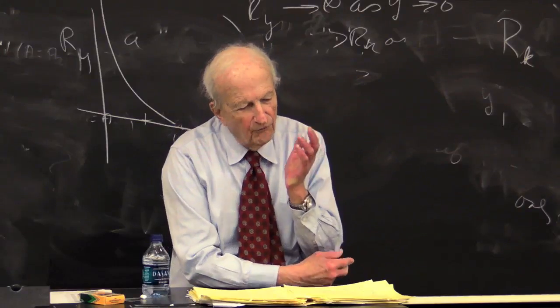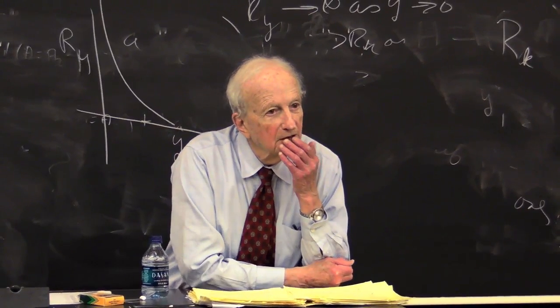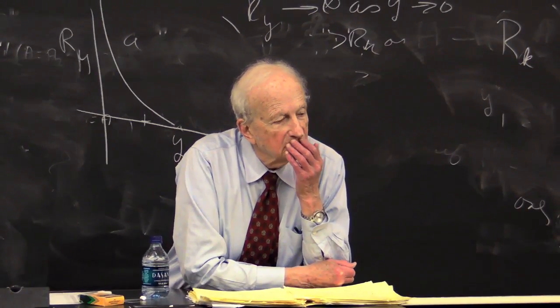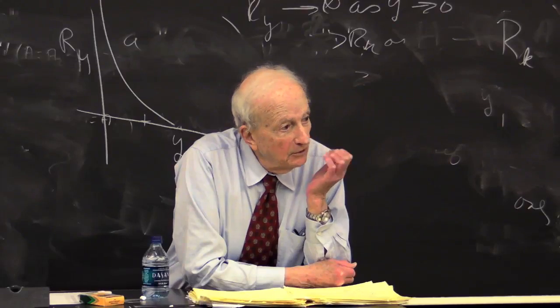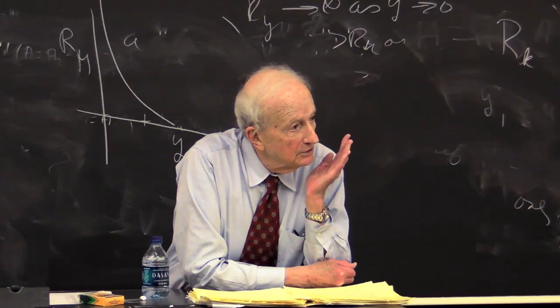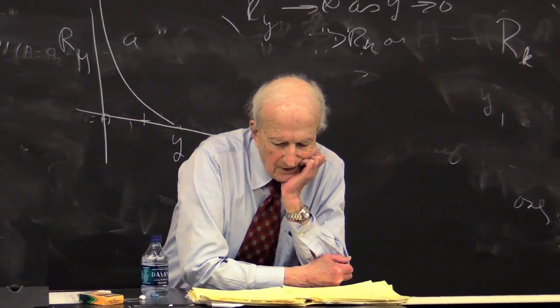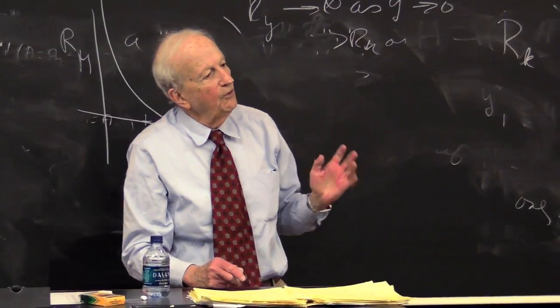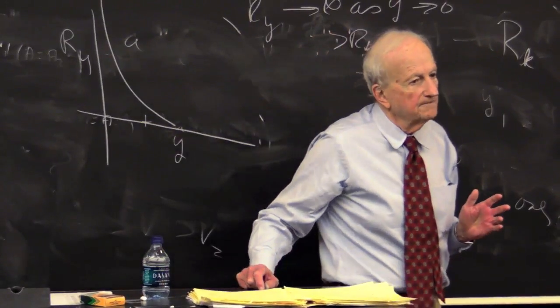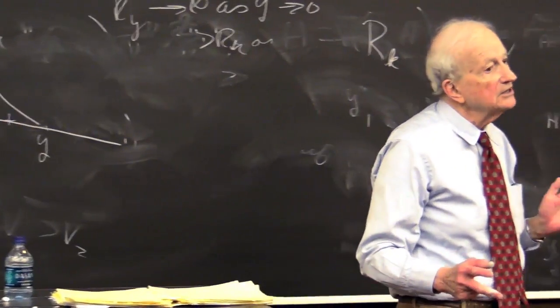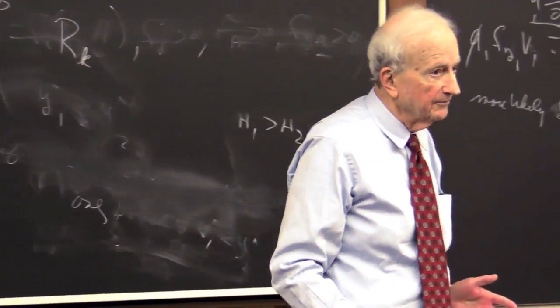Well, let's go over the intuition, and we'll write down a couple of simple equations. That means that all parents are going to invest something in the human capital of the kids. As the parents invest more in the human capital of kids, whatever the ability of the kid is, the return goes down.